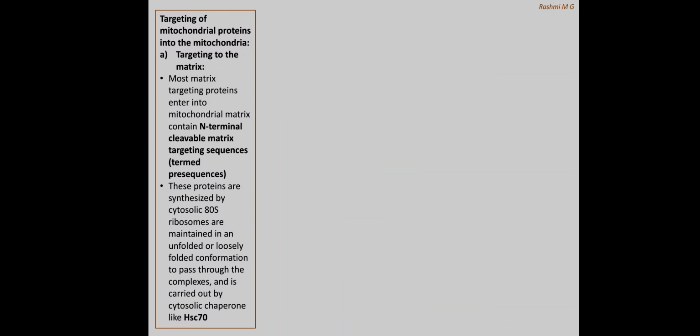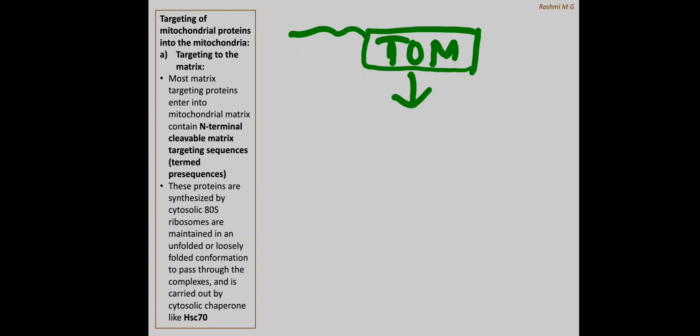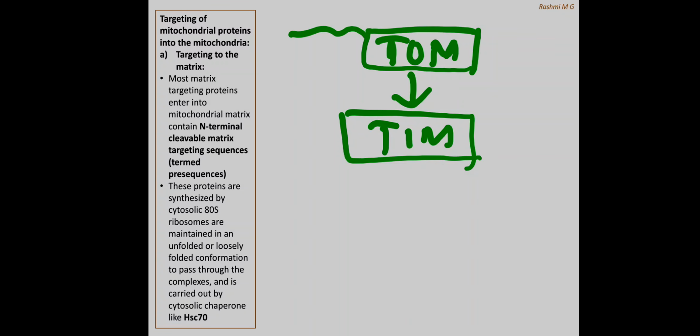So, the TIM23 complex remains associated with, now where we have come, the protein of our interest has entered into that TOM, and now it is entering into the TIM complex.